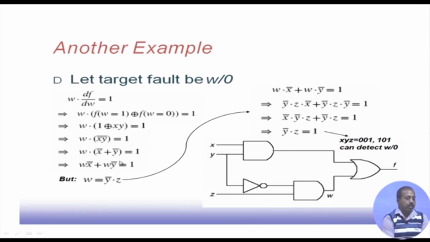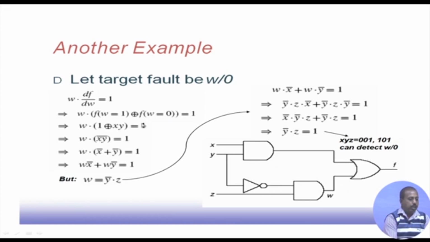So, if you expand this, we need to find out df dw. df dw is f with w equal to 1 XORed with f with w equal to 0. So, if w equal to 1, then naturally this gate output is 1.